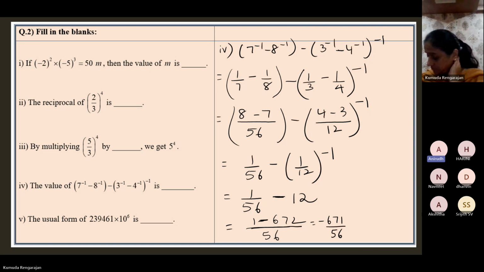Yes, ma'am. Okay. Ma'am, can I say the answer for the last one? Yeah, 1 second. Akshita, Harini, Srijit, Anirudh, understood? Yes, ma'am. Okay.